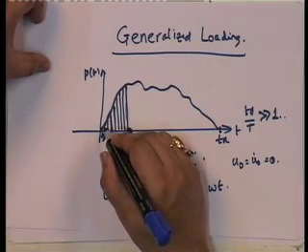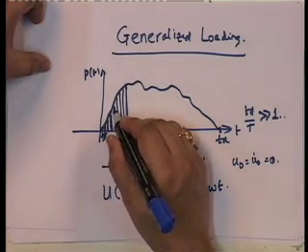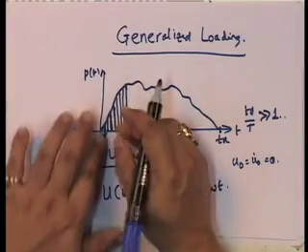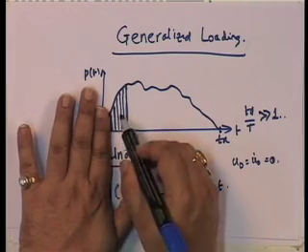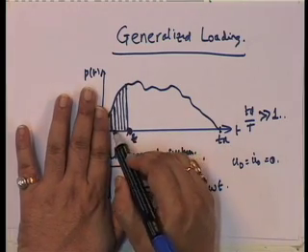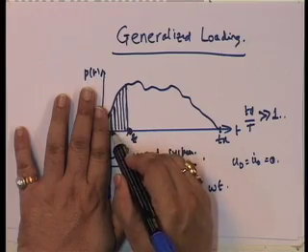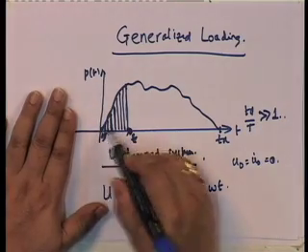So, if I take each one, what is the response due to each one individually? In other words, note that at this point, I am only looking at this as if this existed and all these did not exist.